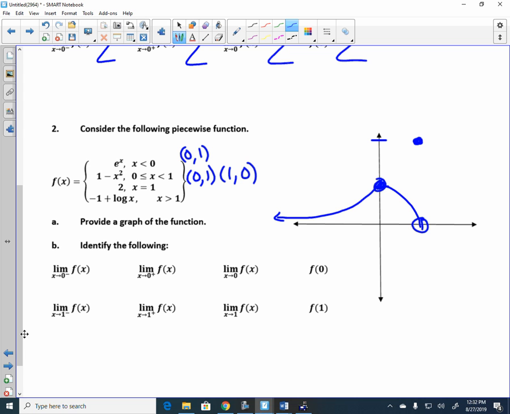So log of x goes through 1, 0. Everybody agree 1, 0? So therefore, if it's -1 plus logarithm of x, it's going to shift it down 1 unit. So instead of 1, 0 it goes through 1, -1. And I open circle there, right?